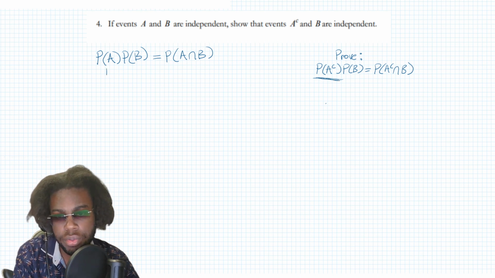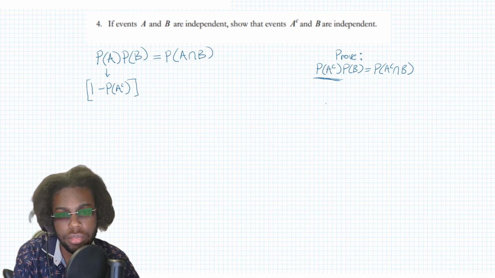So let's decompose this probability of A here, and let's call it 1 minus the probability of A complement. As we know, A complement is just equal to 1 minus A, or the probability of A, right?